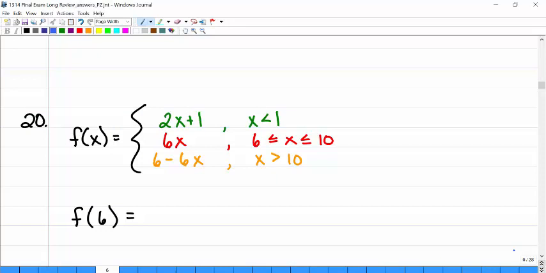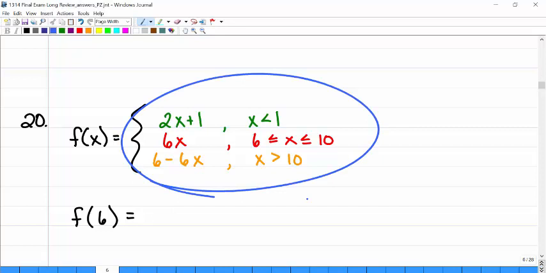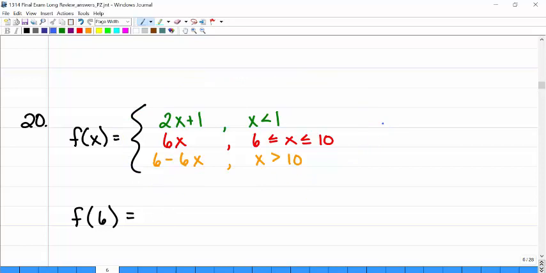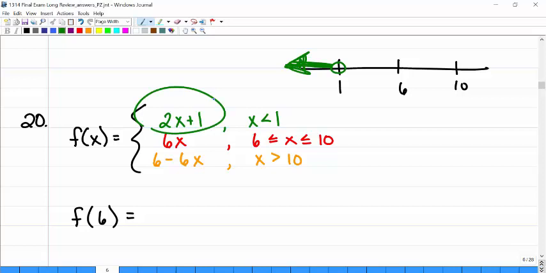Number 20, I'm given a piecewise defined function. Here's how it's defined. Notice I have 3 different intervals for my x values. It is defined a certain way for all x's that are less than 1, and that's defined by the green function here.